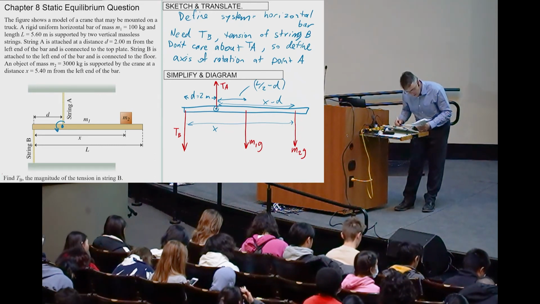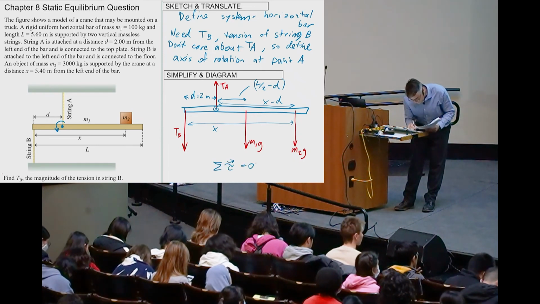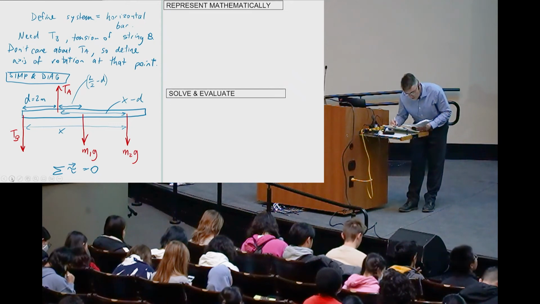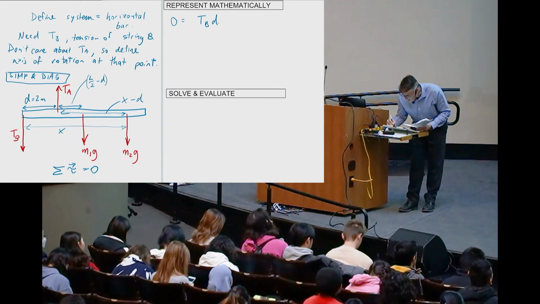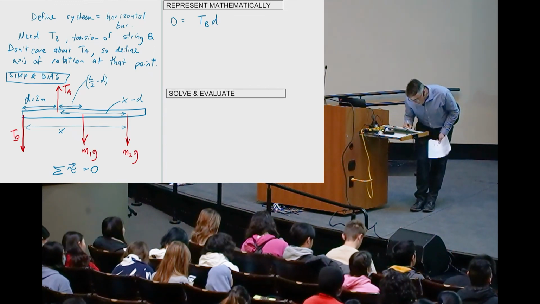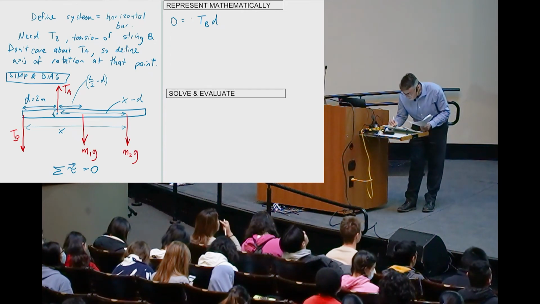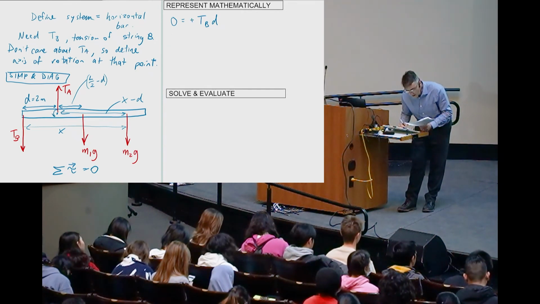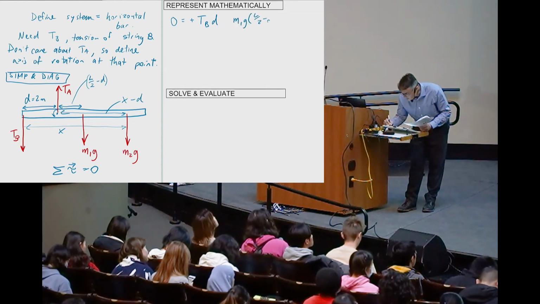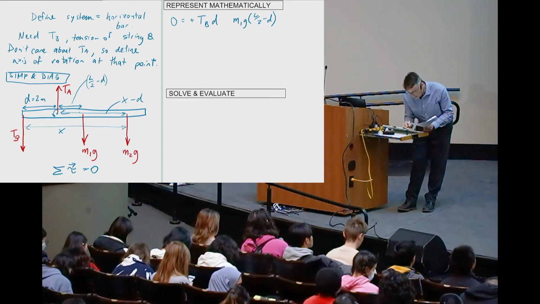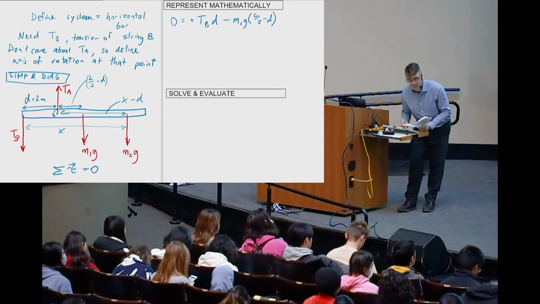And what I want to do is sum up all the torques to be equal to 0. Find the tension. So I've got 0 equal to TB times D. That is a counterclockwise torque around this axis, so that's plus. And then I've got M1 times G times L over 2 minus D. That is a clockwise torque around the axis as I've defined it, so that's a minus.